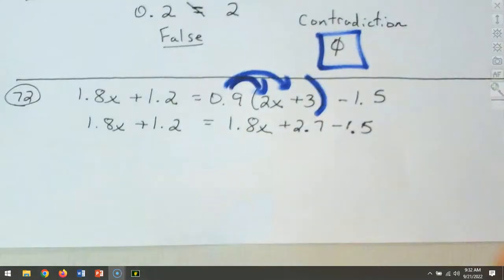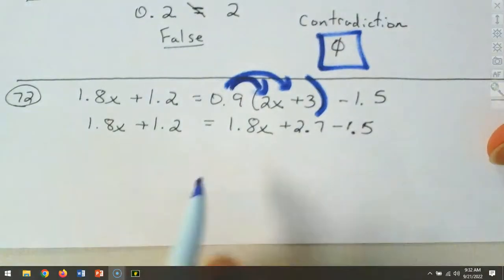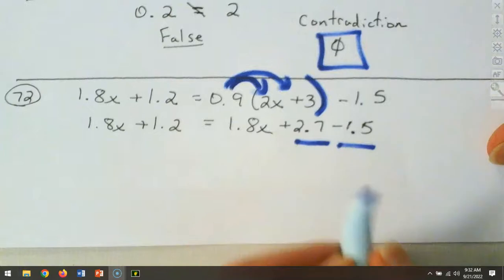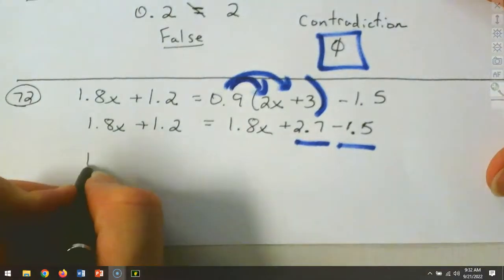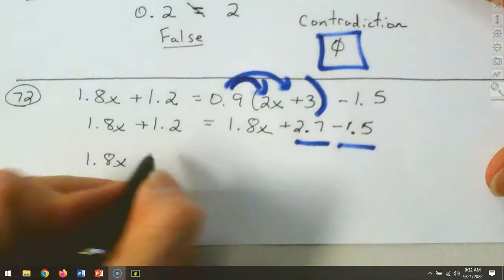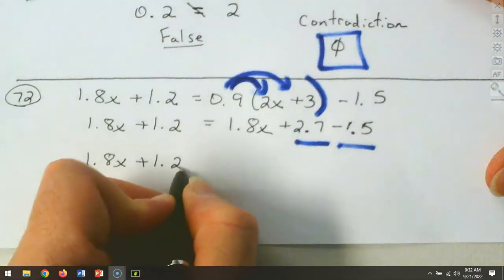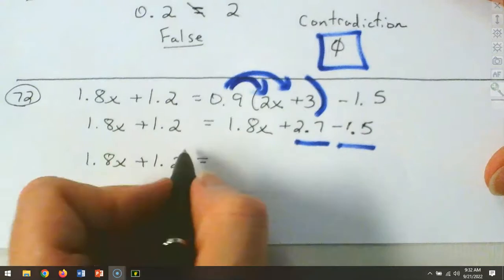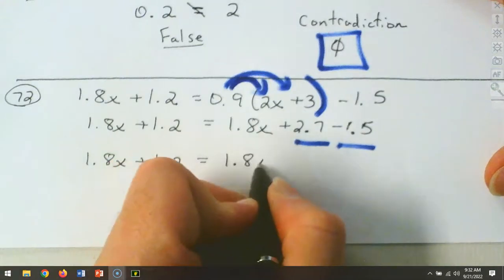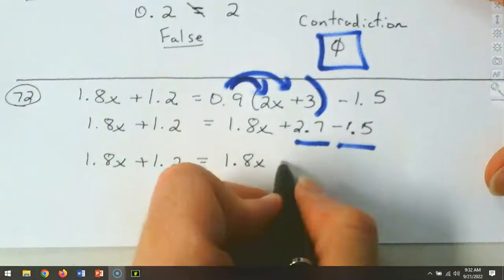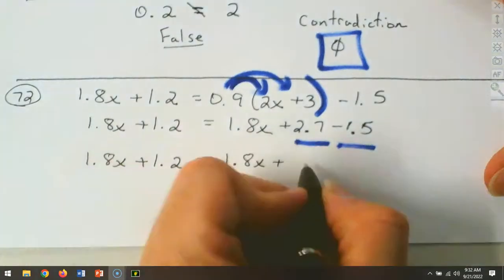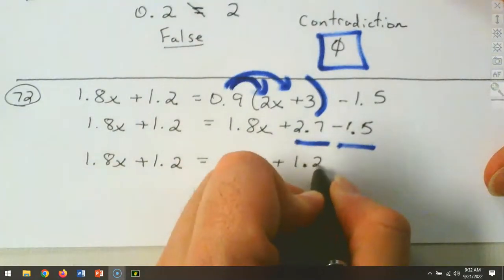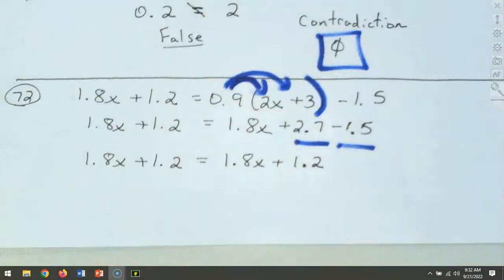What's going to happen when we combine terms together? On the right-hand side, those can go together, can't they? When I do that, I get 1.8x plus 1.2 on the left. On the right, I get 1.8x and 2.7 minus 1.5. That gives you also a 1.2, doesn't it?